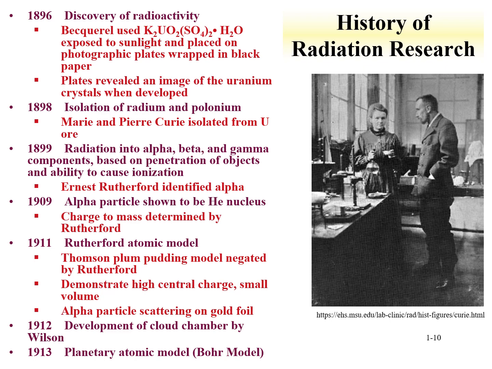When the plates were developed, they showed an image of the uranium crystals. What Becquerel actually thought is that the uranium salt absorbed sunlight and fluoresced and gave off that light. That's what he proposed. For the discovery of radioactivity, his proposal was wrong, but he also won a Nobel Prize for that.